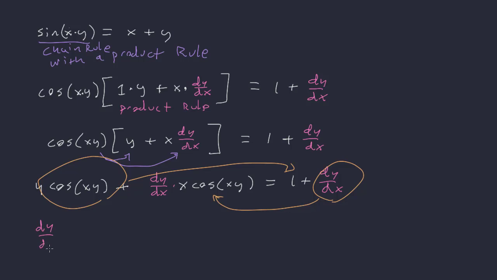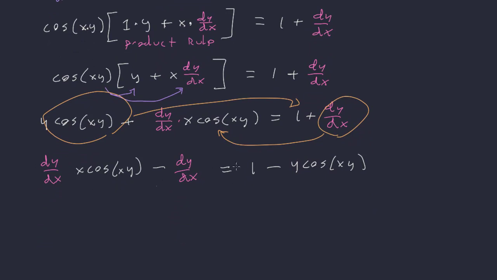So we'll have dy dx times x cosine xy, okay, minus dy dx, okay, which is equal to, now 1 minus y cosine of xy.